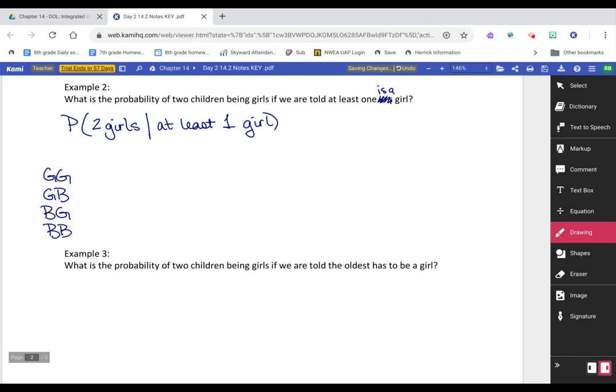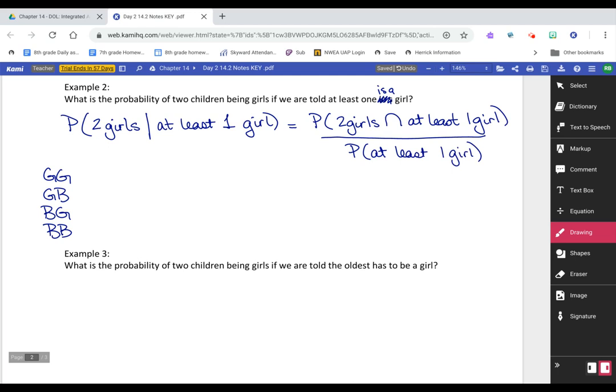So our quotient for this particular question would be the probability of 2 girls and at least 1 girl, which I get is a little bit of a goofy example because if you have 2 girls, then yeah, at least one is a girl, over the probability of at least 1 girl.